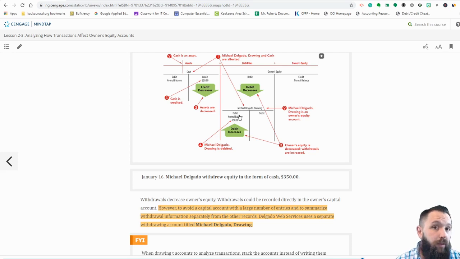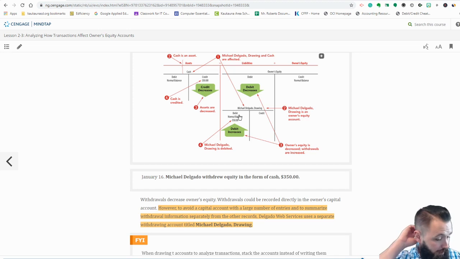And remember, when our owner withdraws money, it's going to decrease our owner's equity. So the way that we decrease owner's equity is by looking at that drawing account and increasing it. Because remember, drawing is going to show us how much money overall our owner has taken out.